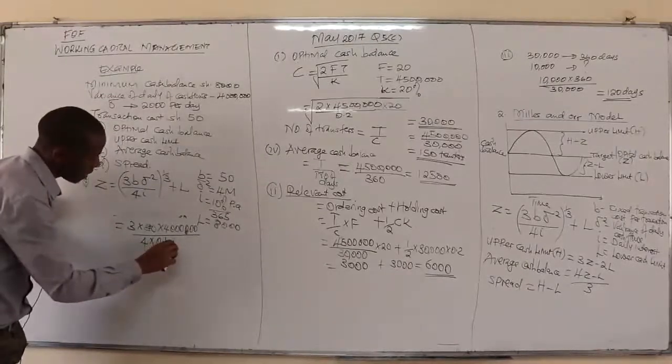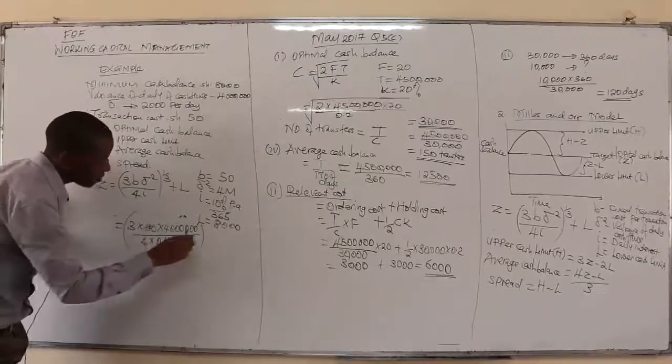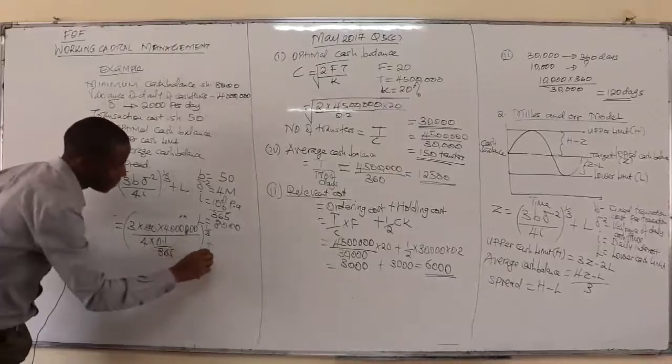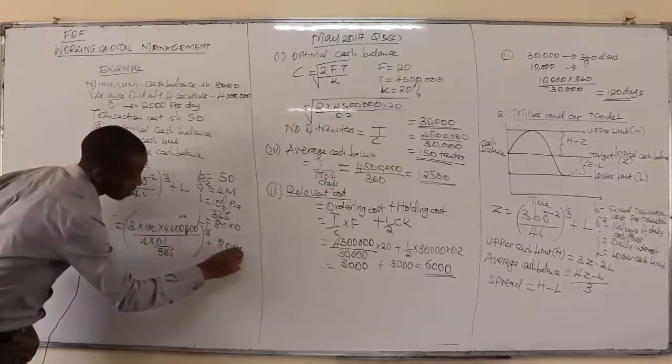Then after that, you raise it to the power 1/3, then you add 8,000.